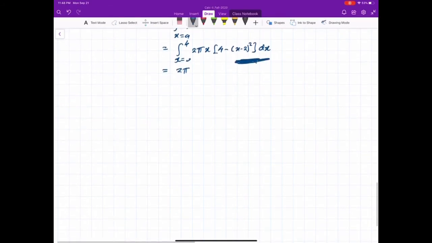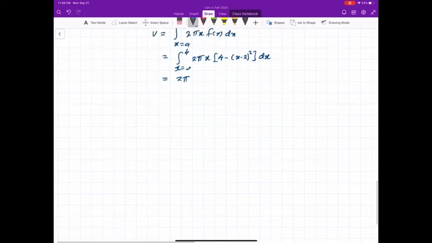All right. So now I'm going to use simple integration. 2 pi is a constant, so I took it out. And then I write x goes from 0 to 4. Here it is x. And then I expand the interior. That is 4 minus (x squared minus 4x plus 4) dx.